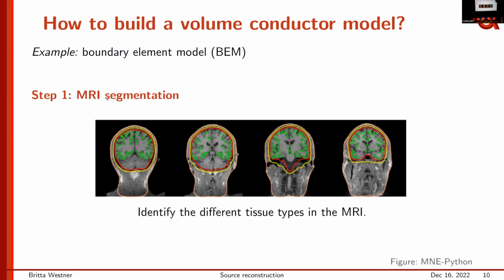Then you could use minimum norm estimation instead, which is less critical when it comes to very precise forward models. If you, for example, don't have individual MRIs, but you have recorded the individual sensor positions, you could try, if you get away with it, using a template MRI together with those individual electrode positions for beamforming. It will certainly work for minimum norm estimation.